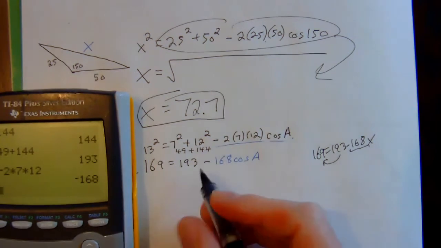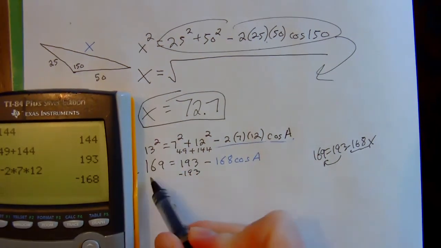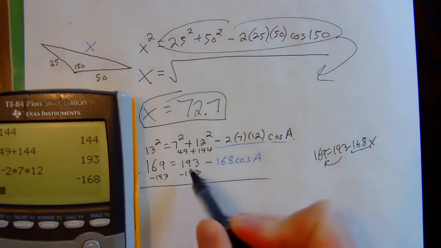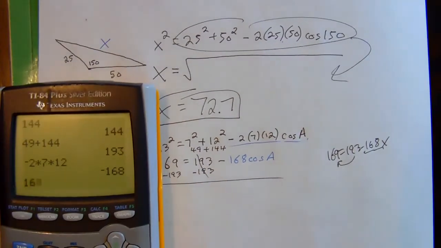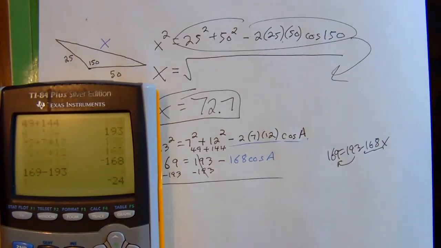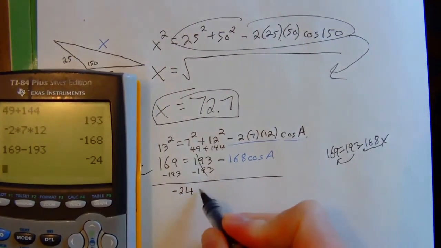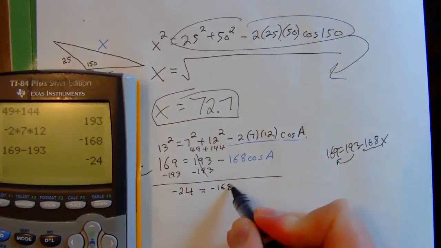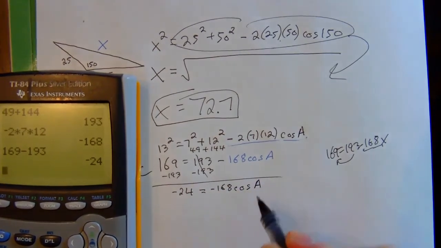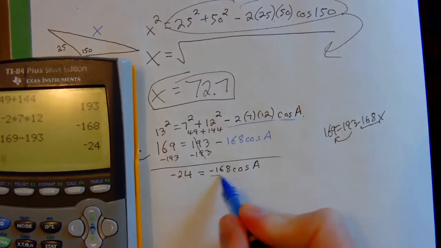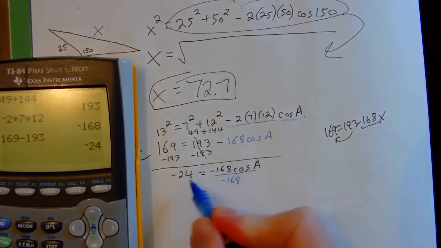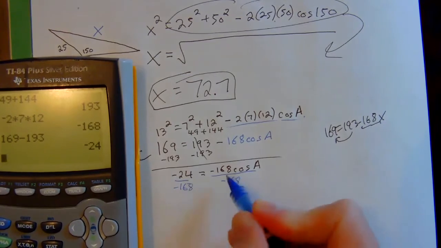So that's what I'm going to do here. I'm going to subtract the 193 from both sides. So 169 minus 193 gives me -24. And that equals -168 times the cosine of A. So you need to divide both sides by -168.